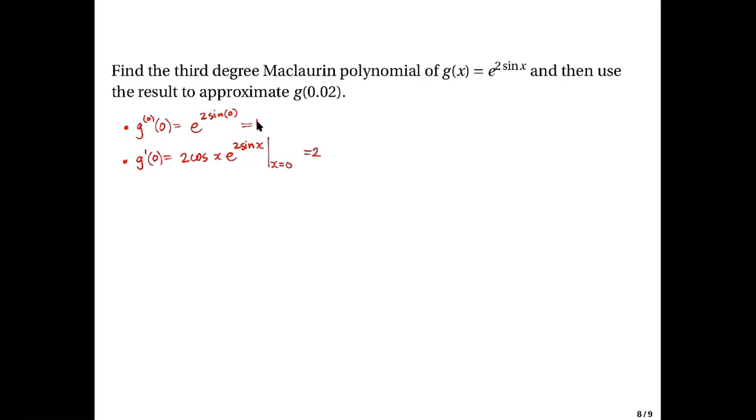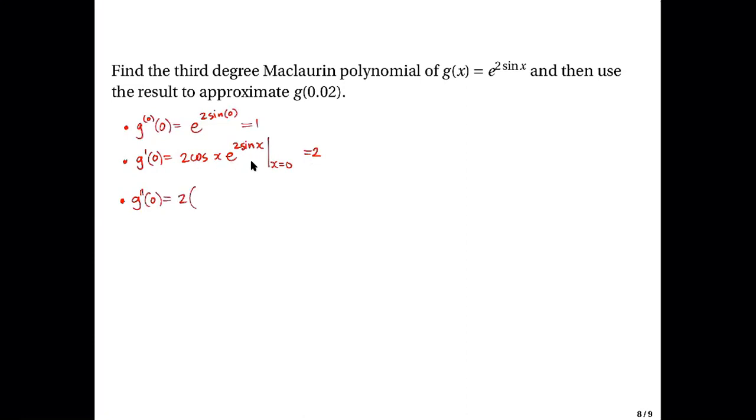So we have the constant part. We have the linear part. Let's look at the quadratic part. G double prime at 0. So we get the derivative of this.